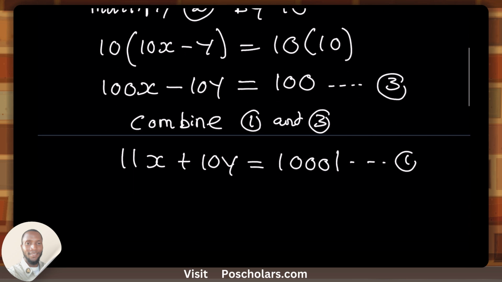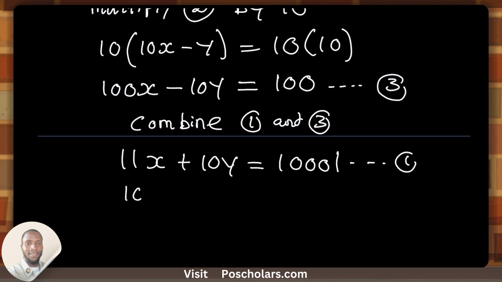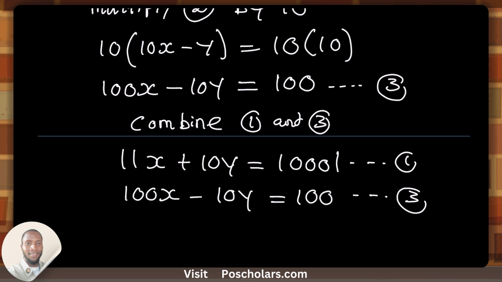Next, equation 3: 100x minus 10y equals 100. So we are good to go now. You can see the coefficient of y here is 10 and the coefficient of y here is also what? 10. Now let's eliminate this variable. Here is having positive and here is having what? Negative. So what we can do to eliminate y is to add equation 1 and equation 3, right?